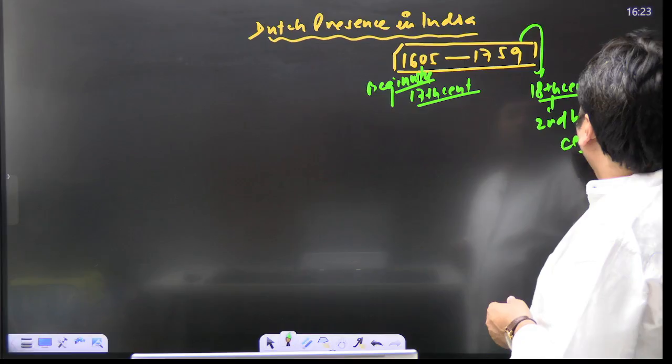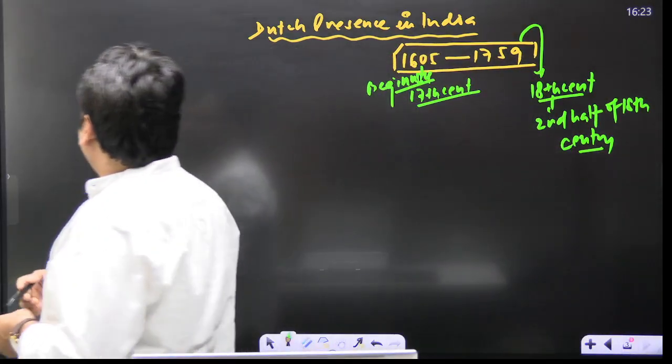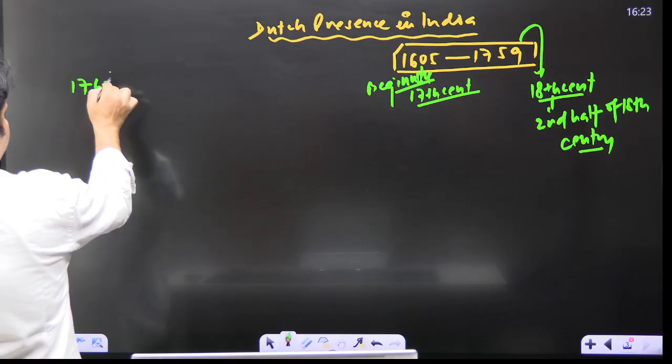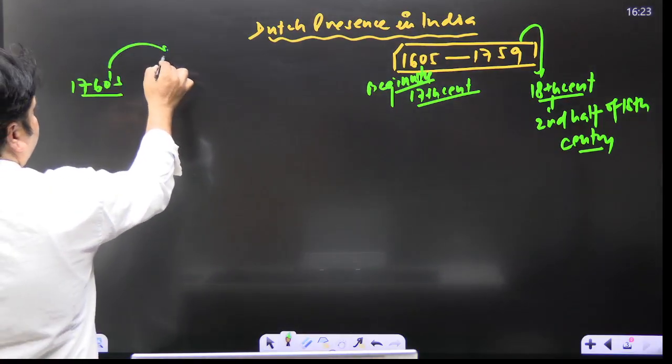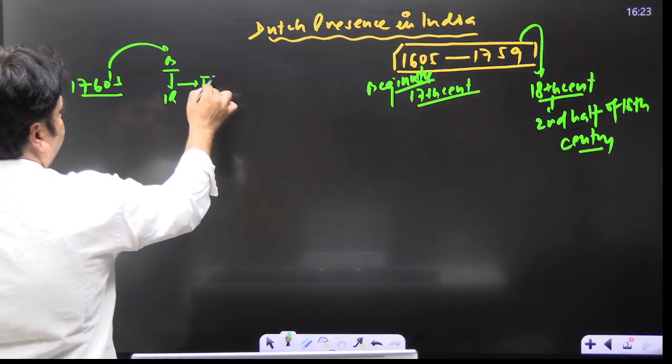And a very remarkable fact here is that you all know that the industrial revolution in Britain, the first phase of the industrial revolution, started from the 1760s in Britain, in the form of the textile revolution.